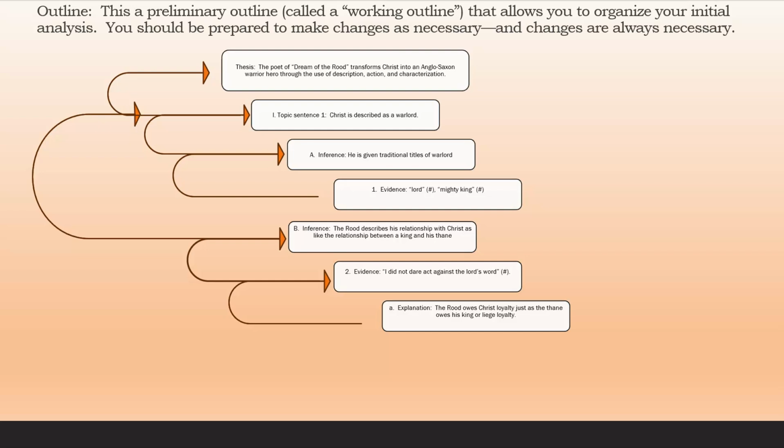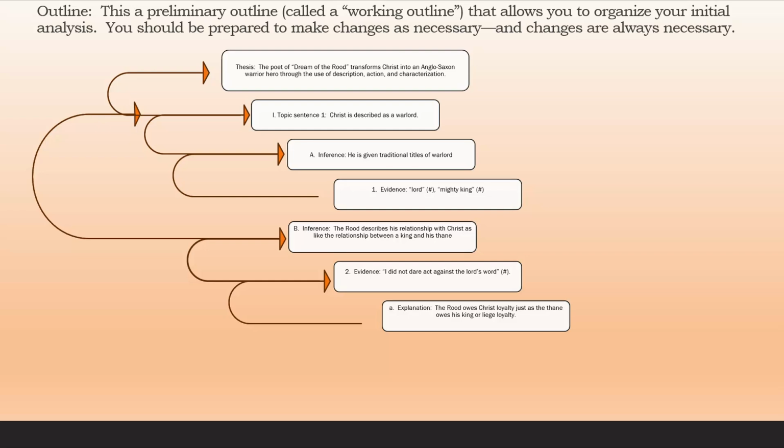So you don't want to write the paragraph yet because there'll be no place to put anything. If you organize your thoughts and evidence into a working outline where you really only make reference to the essence of your evidence and your inferences, then you can move them around, you can remove and add, you can do all kinds of things.